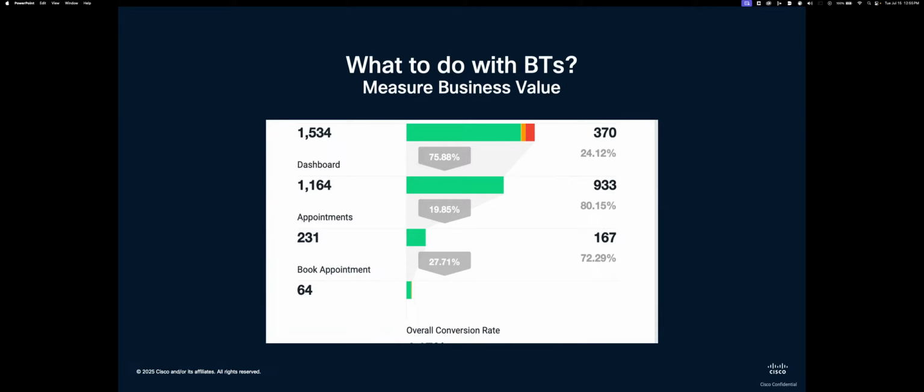So once you start having your business transactions in there and doing really well with that, you would then be able to start looking at analytics and creating cool dashboards from that, calling out your most critical business transactions.